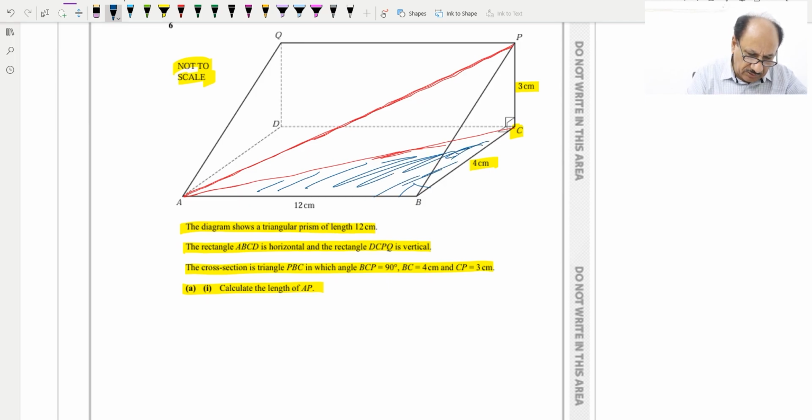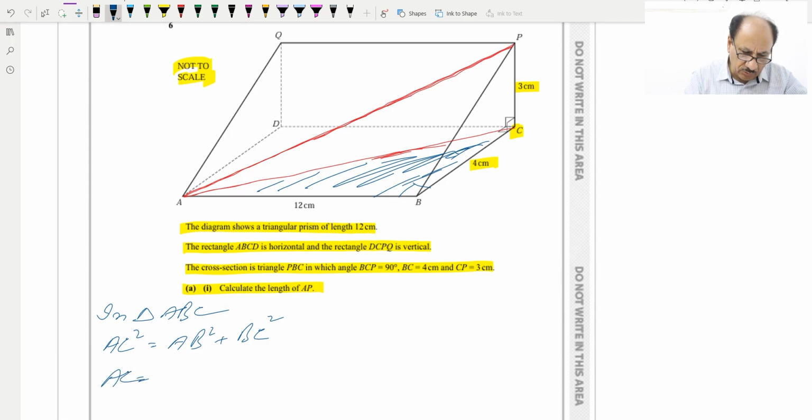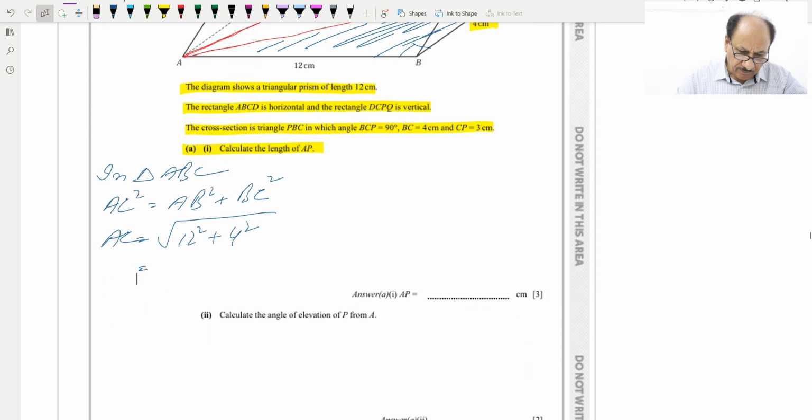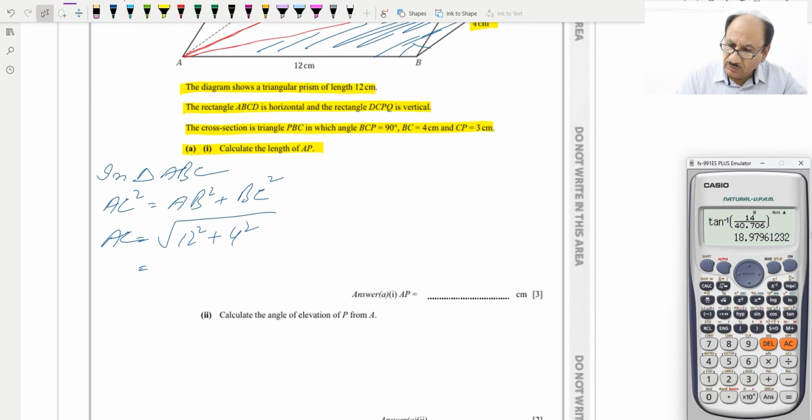So we can write in triangle ABC, AC square is equal to AB square plus BC square, which is Pythagoras theorem, and AC will be equal to square root of AB, which is 12 square, plus BC, which is 4 square. The calculation will give us the answer.